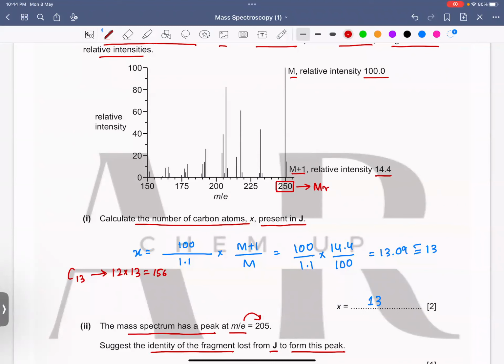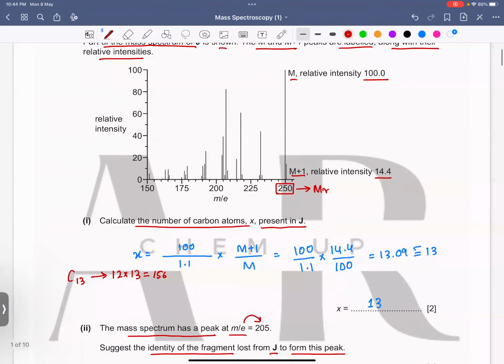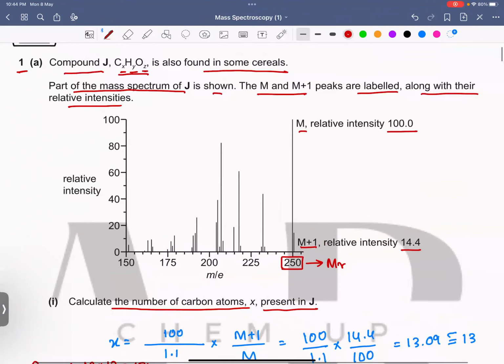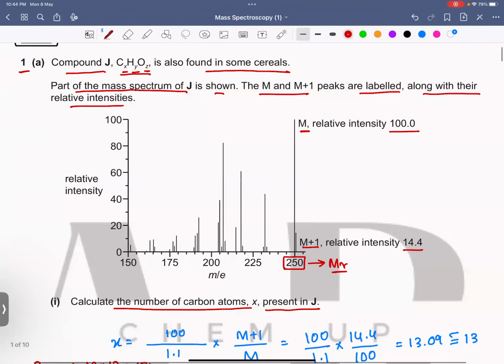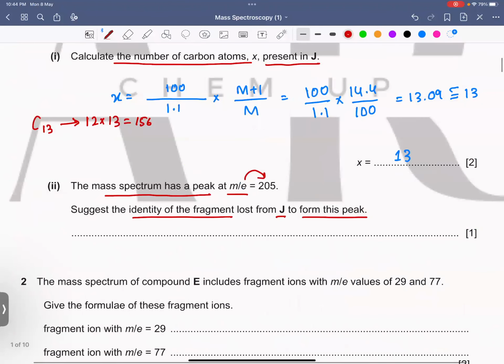Is this understandable? Whatever value we get on the x-axis for the M peak, that mass over charge ratio would be equal to its Mr. So we know that the Mr is 250, and here they are saying that we get another fragment with a mass of 205, and they are asking to identify the fragment which is lost.